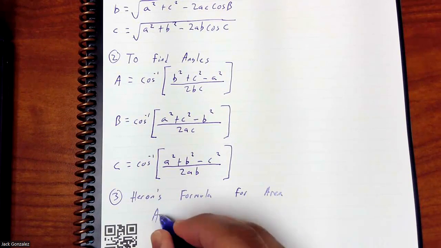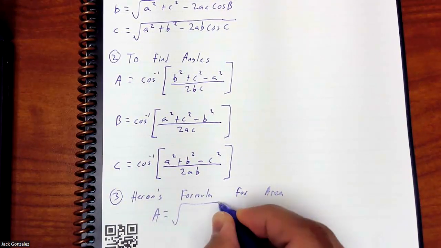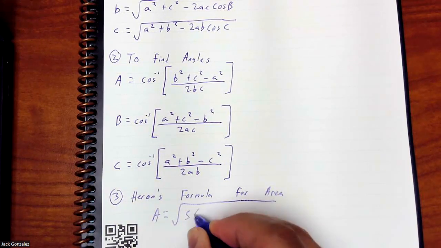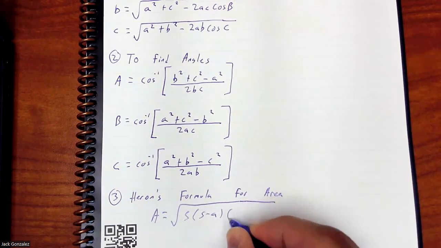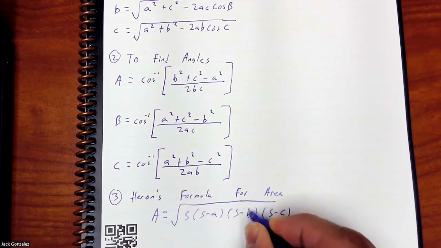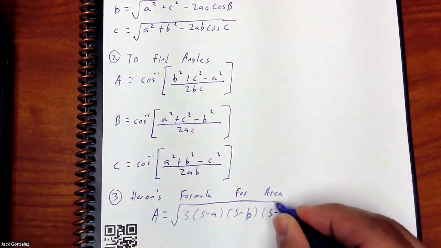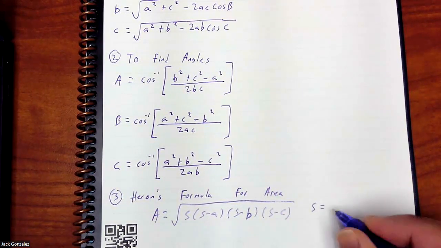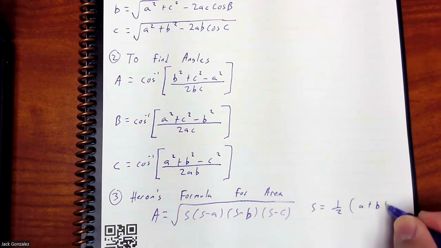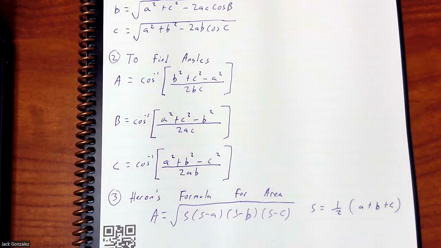So area is equal to the square root of S times S minus A times S minus B times S minus C. And S is defined to be 1/2 times all the sides added together: A plus B plus C divided by 2. So given all the sides, you can find the area for any triangle.